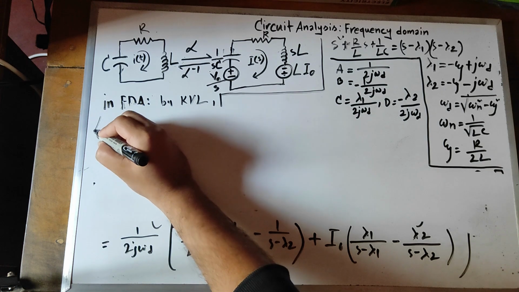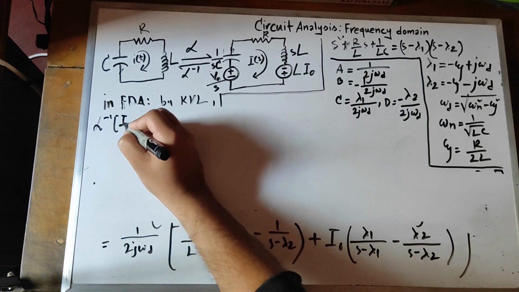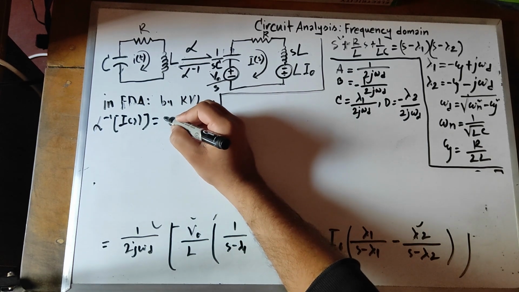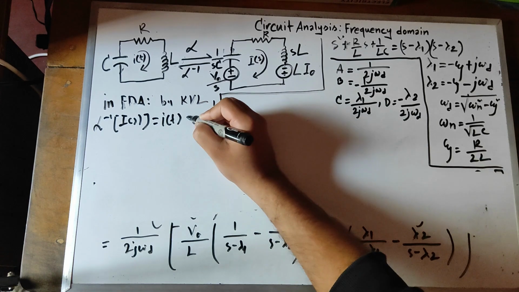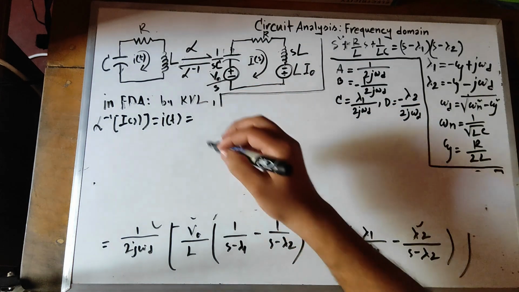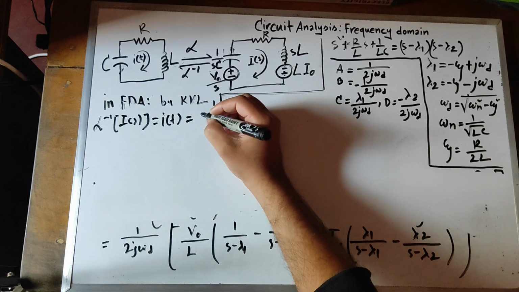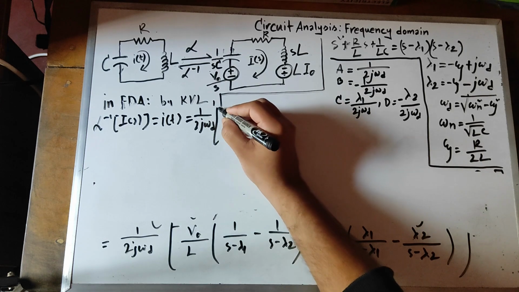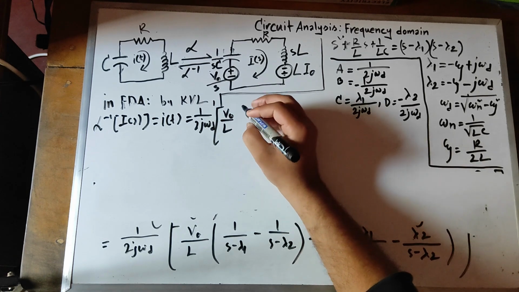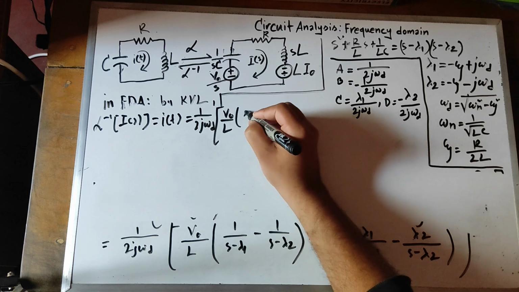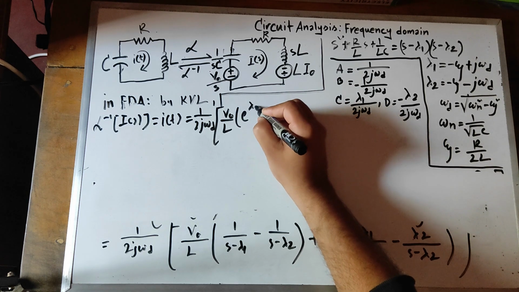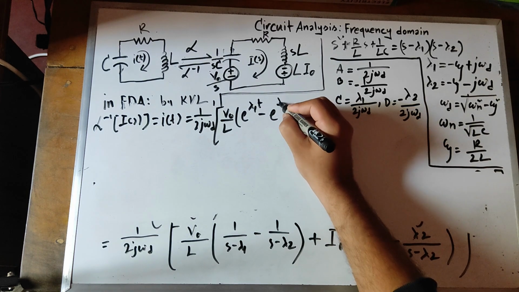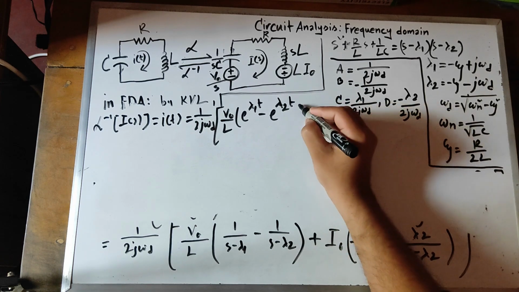The inverse Laplace of the current will make the current in the time domain, and we are taking the inverse Laplace of this, so 1 by 2 j omega d, V naught by L, times (exponential of lambda 1 t minus exponential of lambda 2 t).